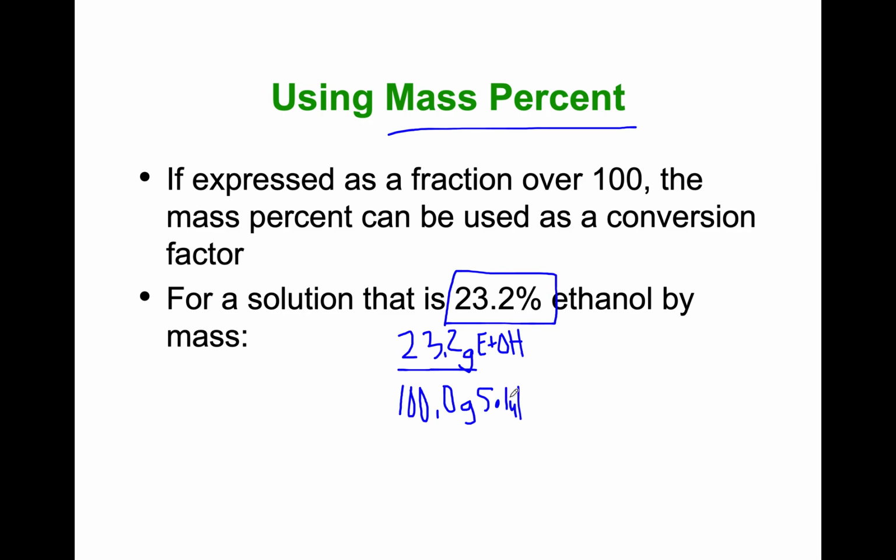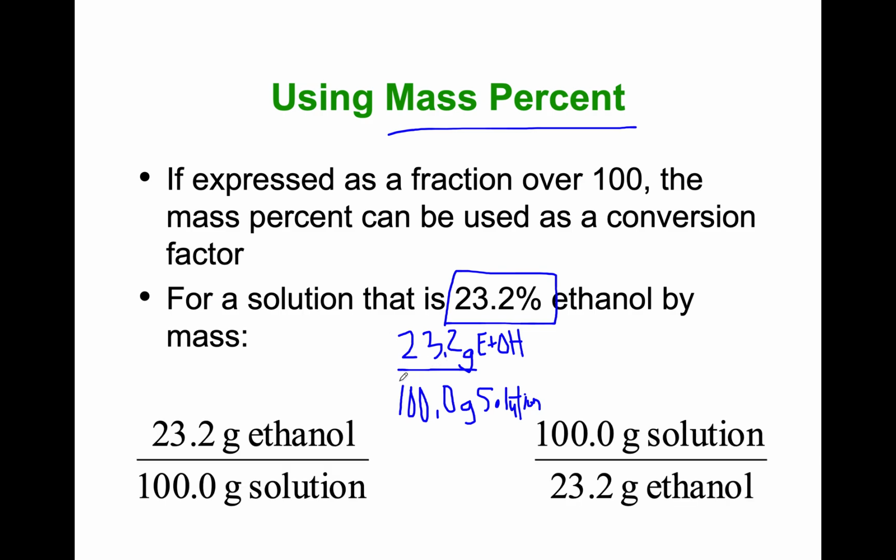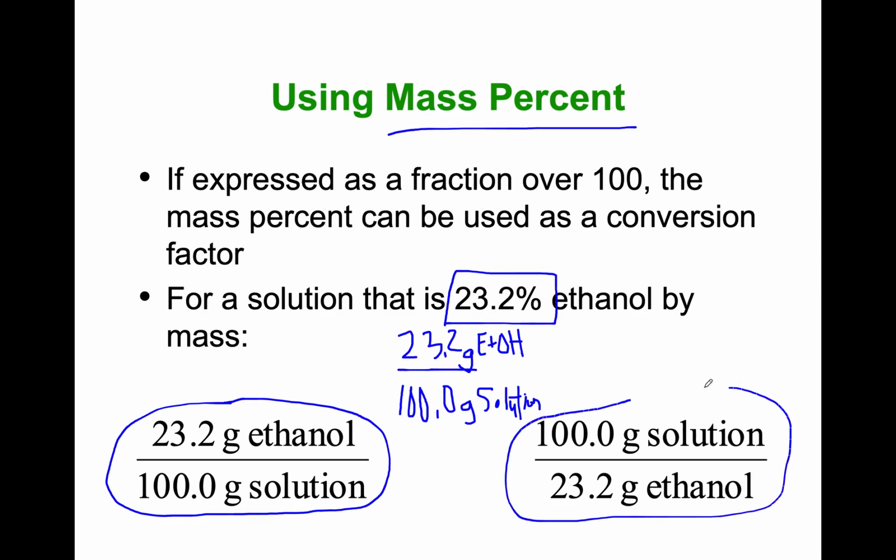So the translation, 23.2%, right away should be thinking that's 23.2 grams ethanol per 100 grams of solution. And if you've got one equality, just like we've seen before, this is actually two conversion factors. You could do grams of ethanol over grams of solution, or you could do grams of solution over grams of ethanol, but they both come from this ratio from the 23.2%.